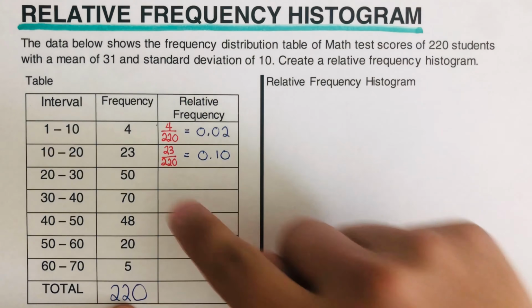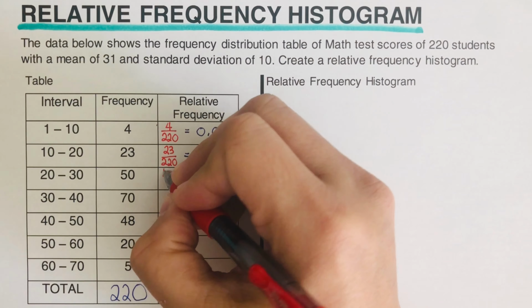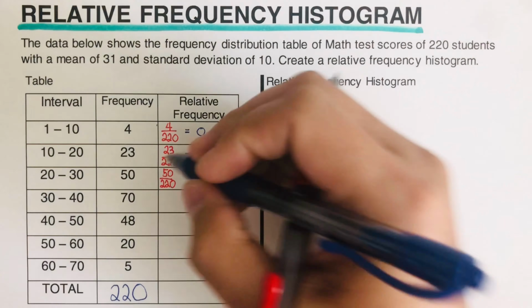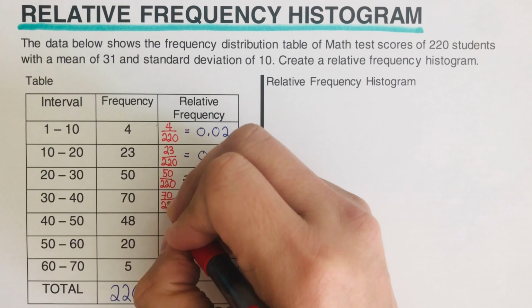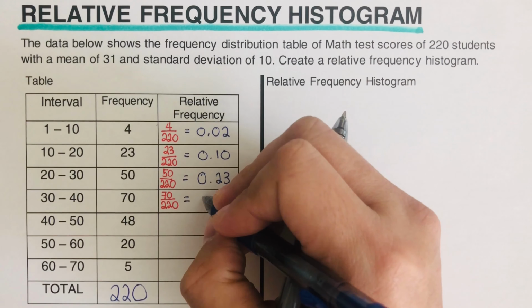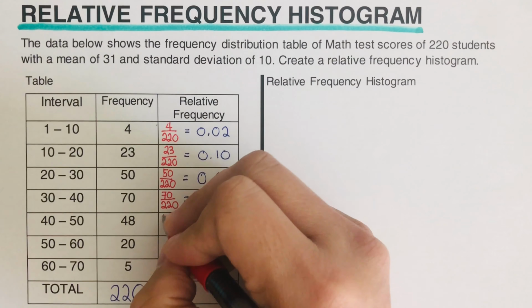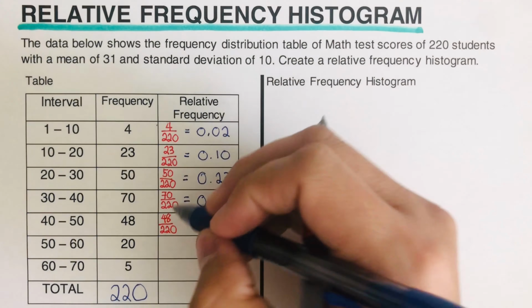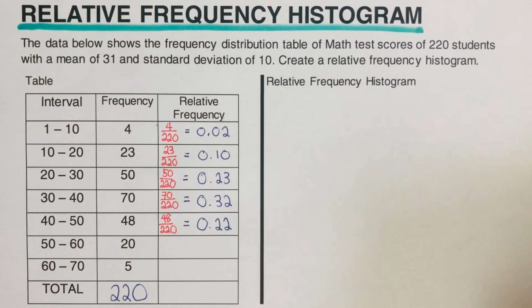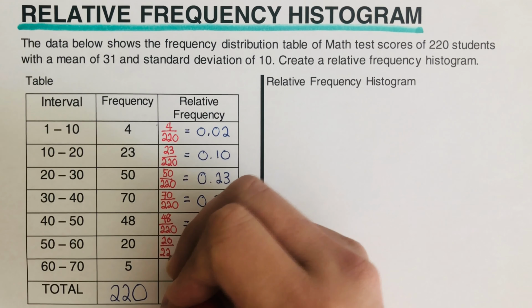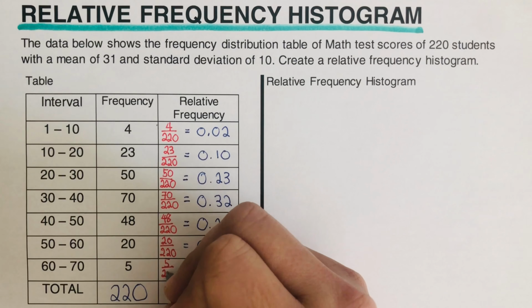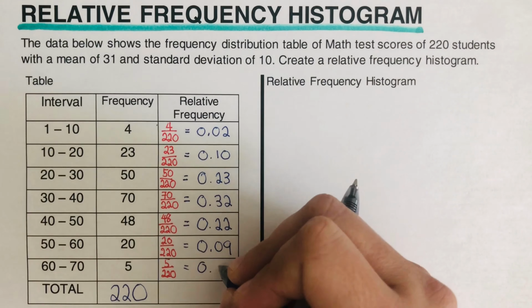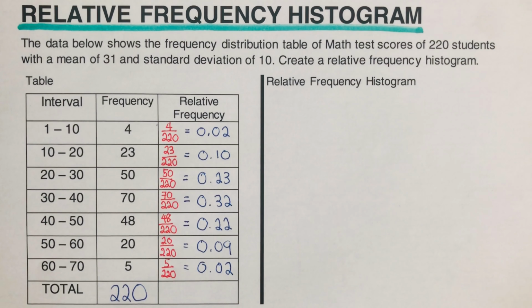Now I will do the rest of them here. Okay, so I've filled the column for relative frequency.